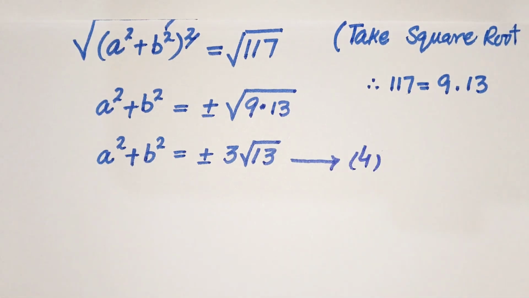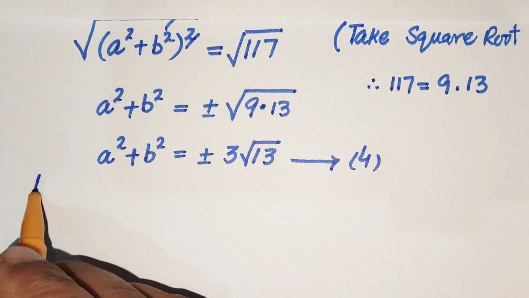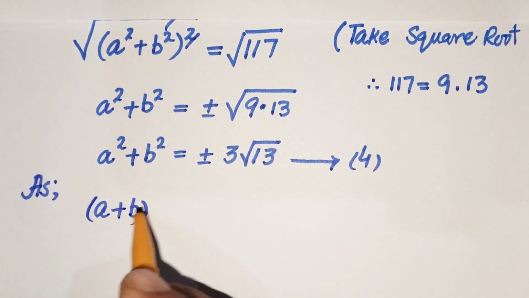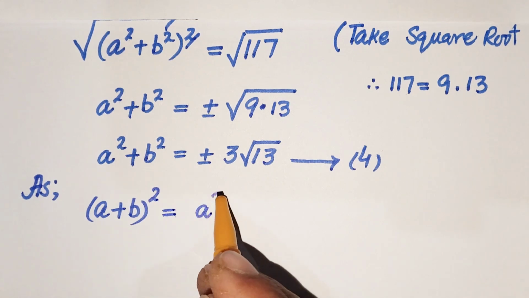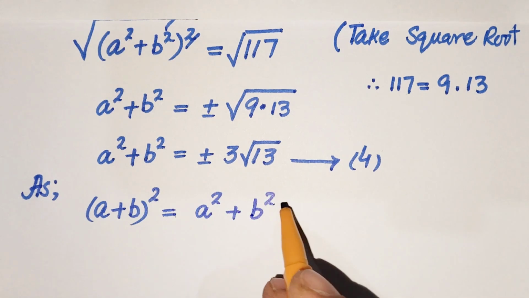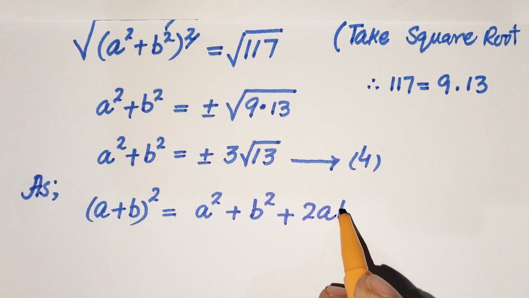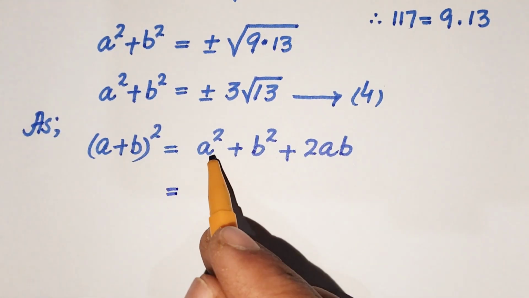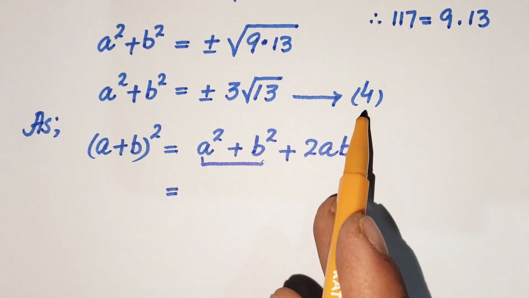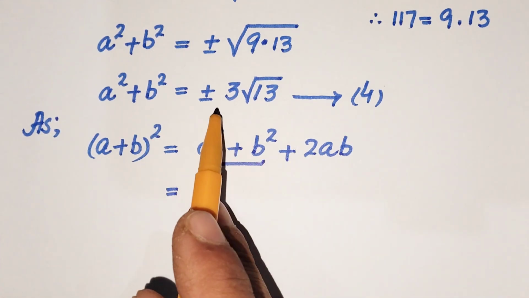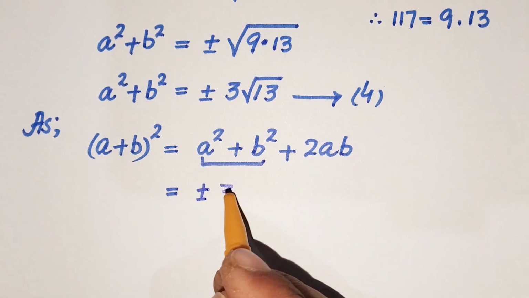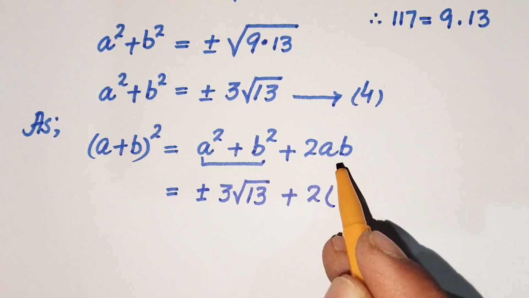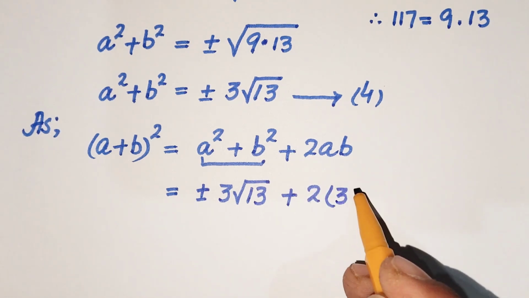So now we are again going to use an algebraic identity. If we have a plus b whole squared, then it will be equal to a squared plus b squared plus 2 times a times b. So a plus b whole squared is equal to a squared plus b squared plus 2ab. Here from equation 3 we know that the value of a squared plus b squared is plus minus 3 times square root of 13, and plus 2 times the value of ab, from equation 3 we know that it is equal to 3.